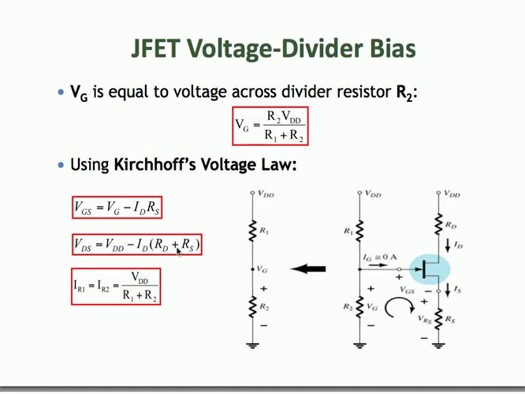Also, because the gate current is 0, the current through resistor R1 is equal to the current through resistor R2, IR1 is equal to IR2. So you can calculate that current using simple Ohm's law: IR1 is equal to IR2 is equal to VDD divided by R1 plus R2, because R1 and R2 are in series.